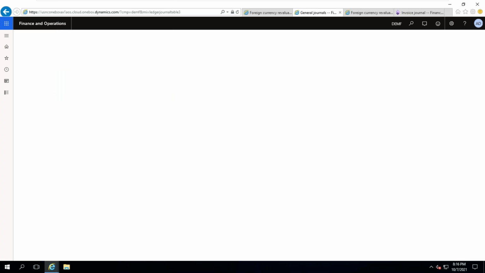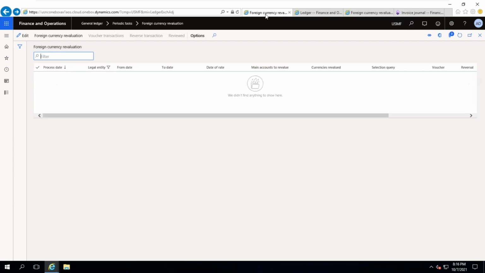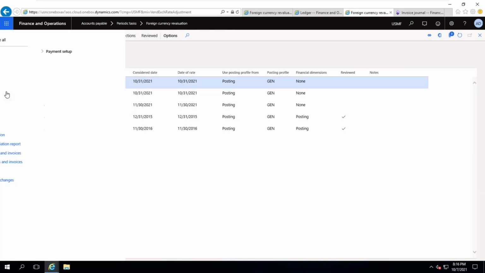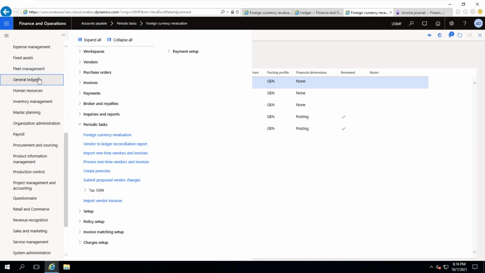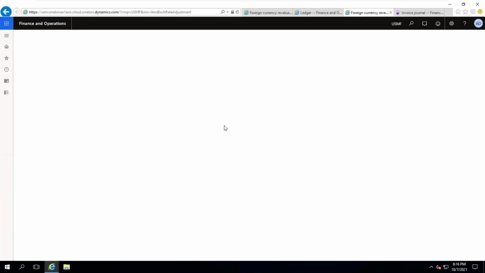So accounting currency is euros, and reporting currency is US dollars. This is a German company. Suppose they are doing some transactions in this German company.